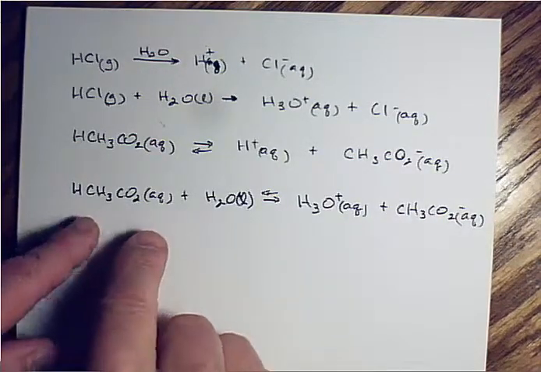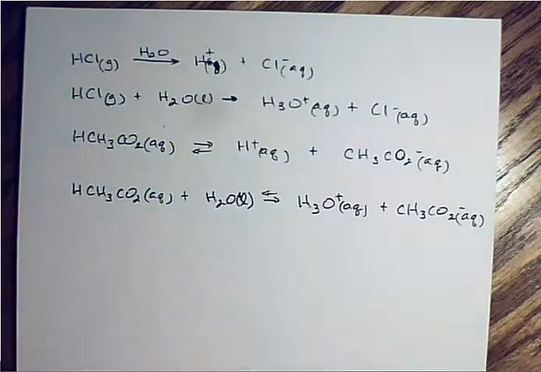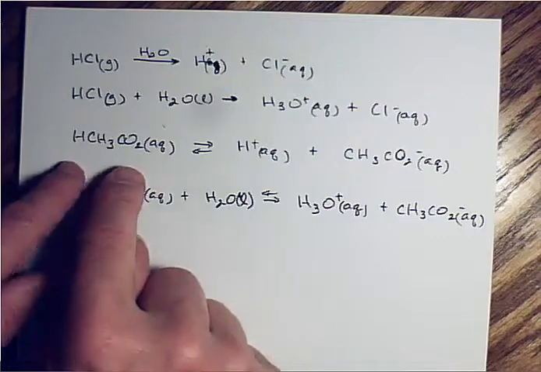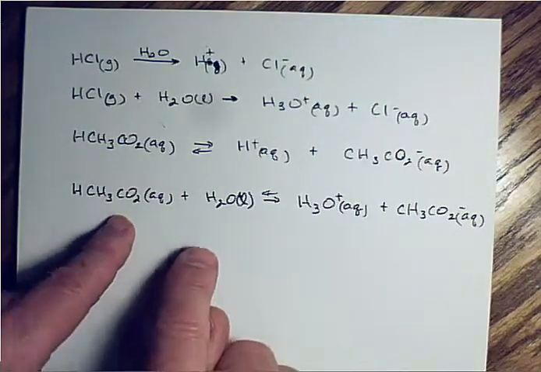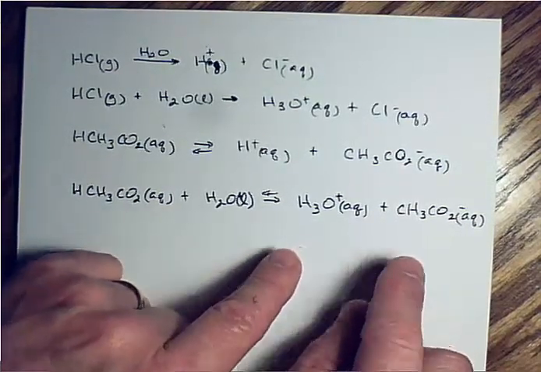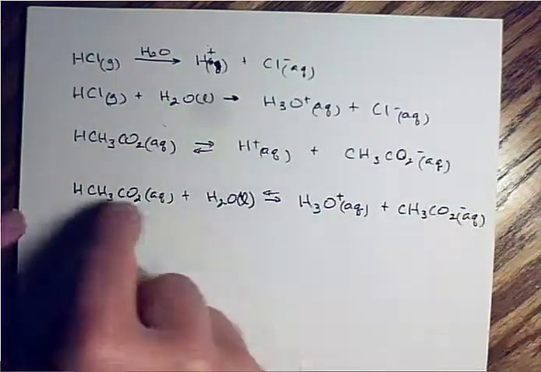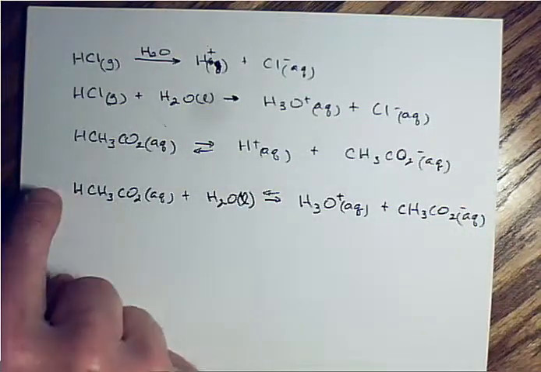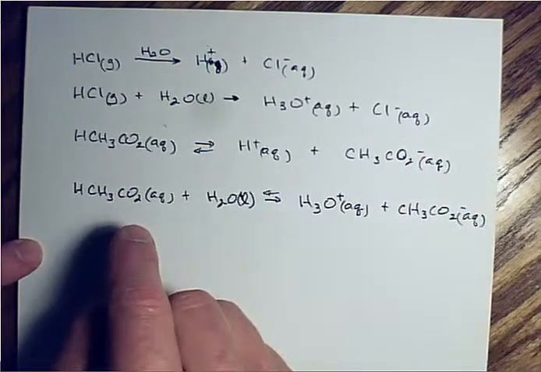Now, what happens is initially when you first put the acetic acid in the water, you don't have an equilibrium system at that point. You're only having things go in one direction. But eventually, there's enough of the product stuff, what's represented over on the right-hand side, that those are constantly reforming to a point where the rate at which the forward reaction occurs equals the rate of the reverse reaction. Okay?